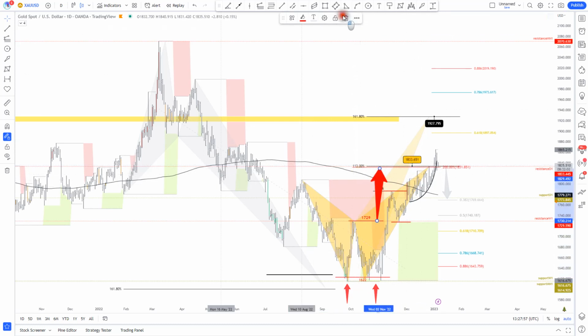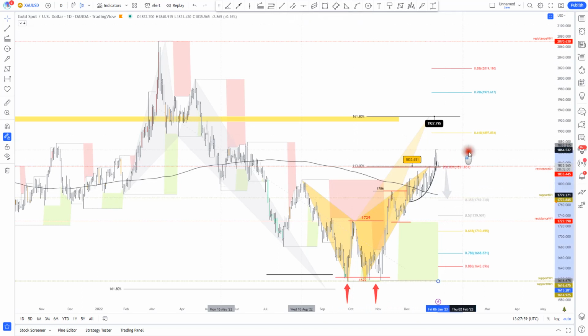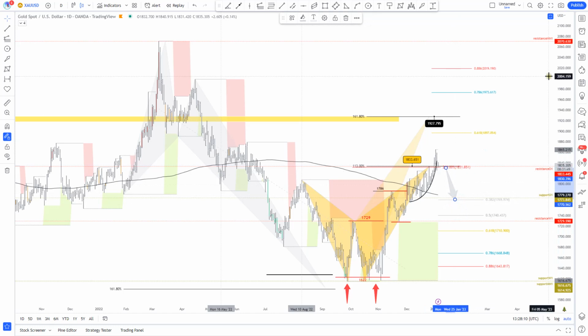So I will assume the market needs to pull back a little bit, let's say 1769. So this is the target zone for this bearish alt bat pattern on gold. As I said before, I need to see the price starting to fall into these Fibonacci levels, but on the other hand, if the price finds support at this price zone, let's say we have this previous fractal right there.